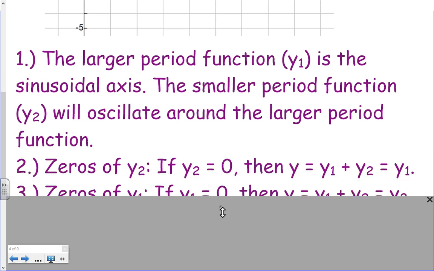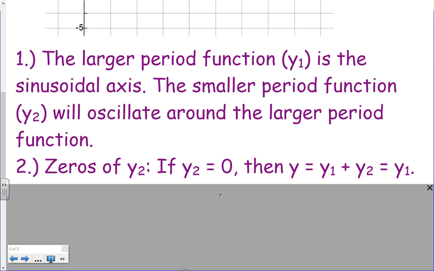All right, so let's start out with the zeros of y2. That's the smaller period function. I'm going to use y1 and y2 for ease here, but realize when I say y2, I'm talking about the smaller period function, and when I say y1, I'm talking about the larger period function. So let's start with the smaller period function, y2, and look at its zeros.